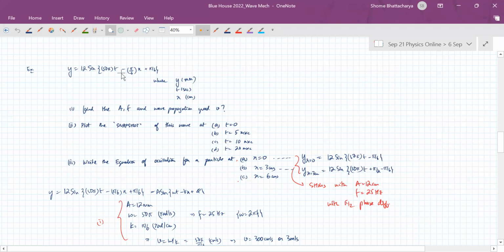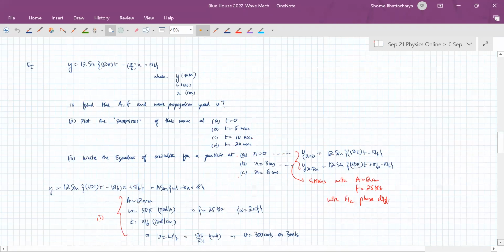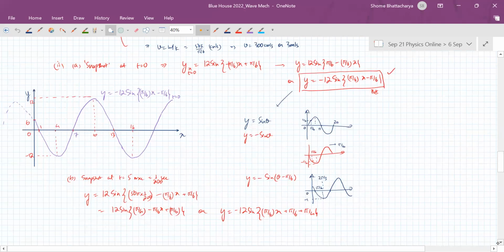Given this equation, we wanted to draw the snapshot picture at these various different times, and then write the equation of oscillation for the medium particles at those particular points. So we had discussed the snapshot picture at t equal to 0, t equal to 5 milliseconds.